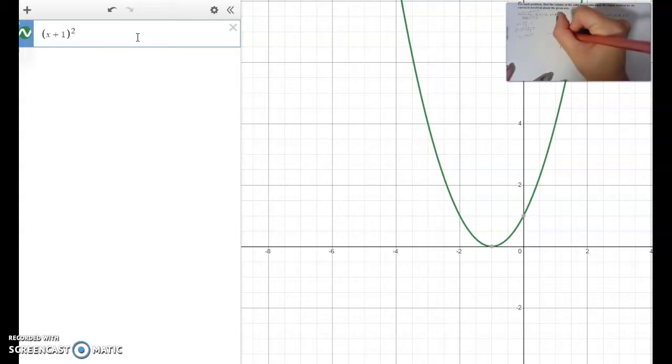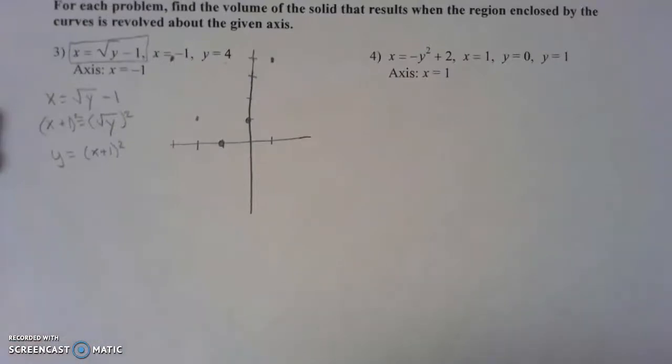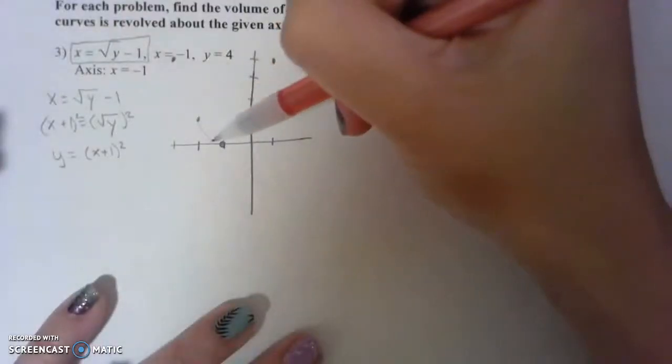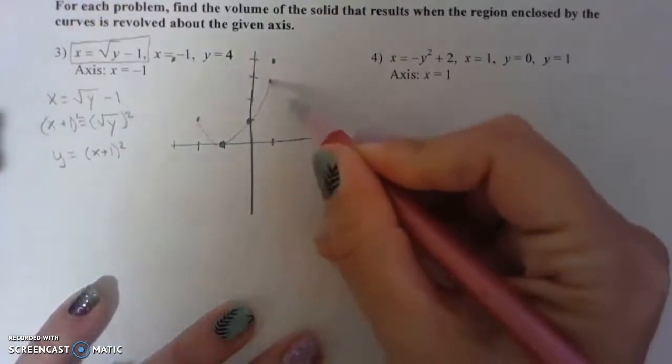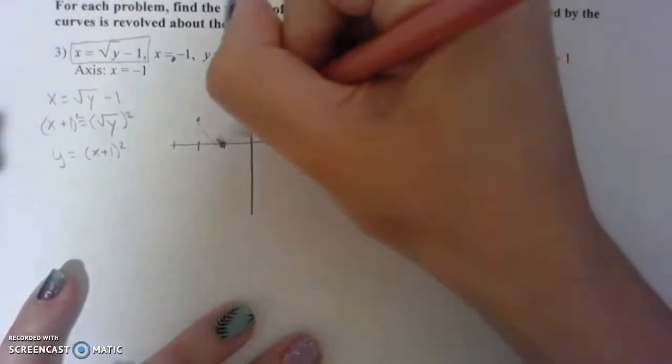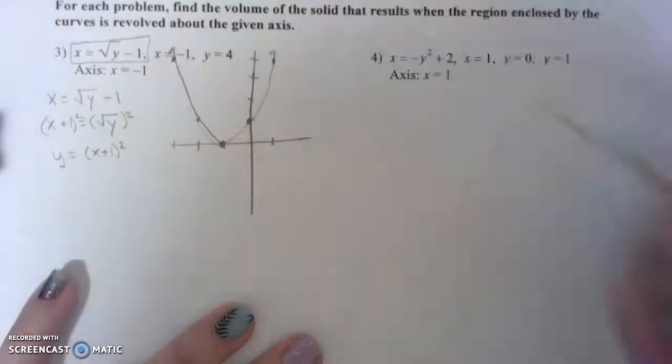The vertex is at negative 1, 0. Then our next nice point is 2, 4. And then we really just have the mirror image of that on the other side of the axis of symmetry. Alright, so this is what we have, just giving myself a picture here so I can see what we have going on.